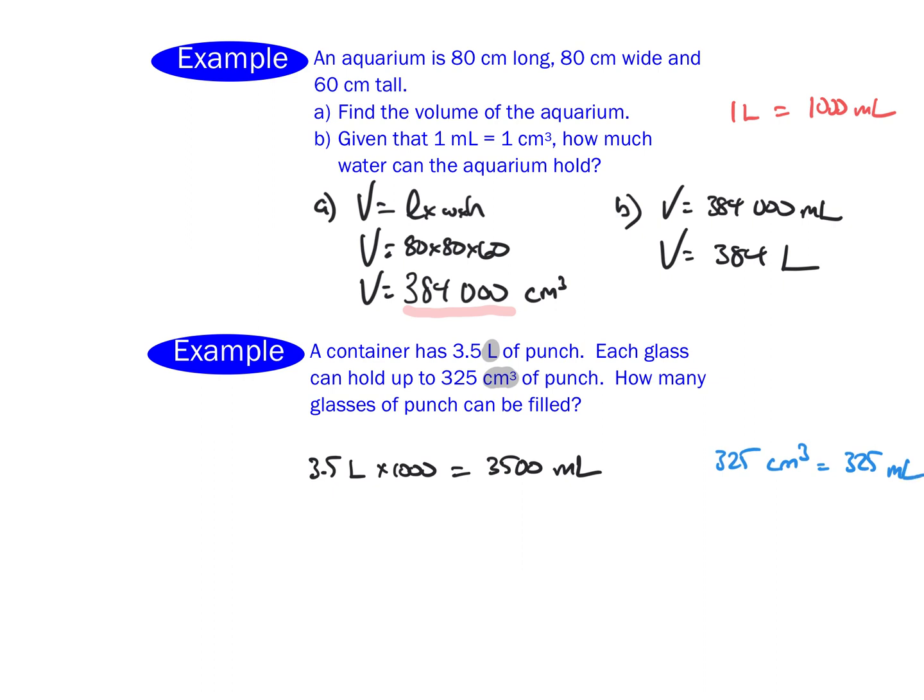To find out how many glasses of punch can be filled, we're going to take the total volume of the container, 3,500, divided by the volume of the glass, which is 325.